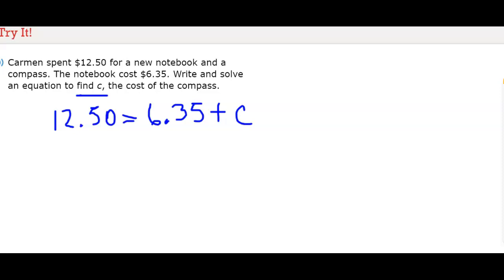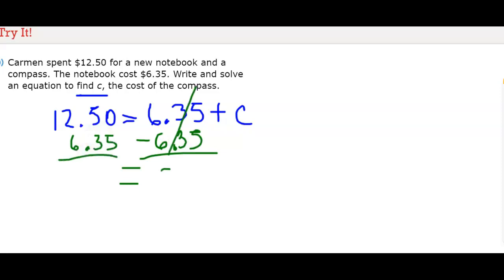So we know the notebook plus the amount of the compass is going to equal $12.50. So now we have to solve for C. So we're going to do the inverse of addition to get C by itself. So the inverse of addition is subtracting. So we are going to subtract $6.35 from each side of the equation.